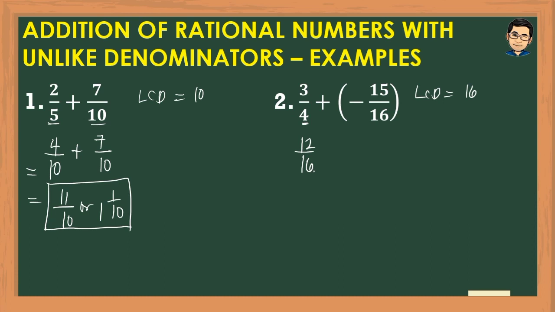And then we copy negative 15 over 16. Now, 12 plus negative 15, that is negative 3 over 16. So we cannot simplify negative 3 over 16 because the GCF is only 1. So this will be our final answer.